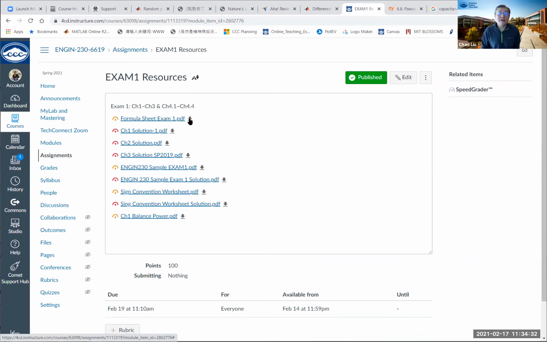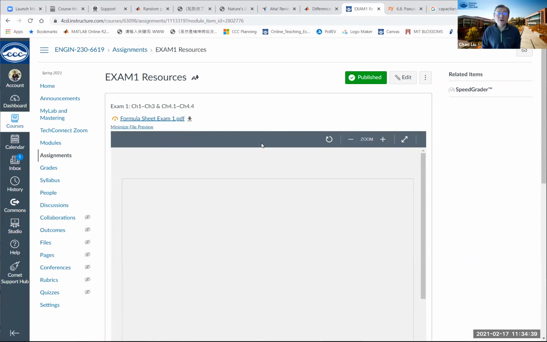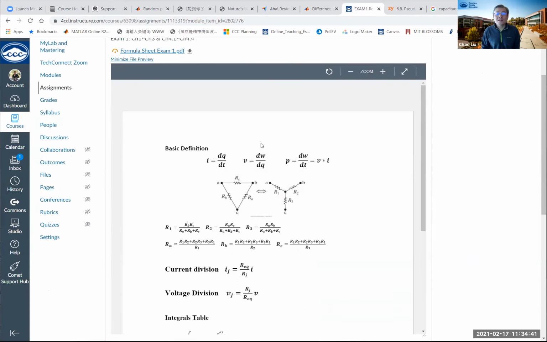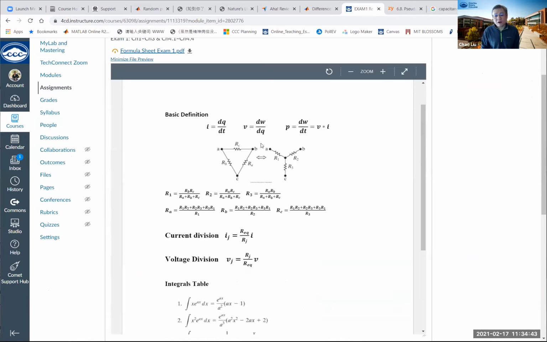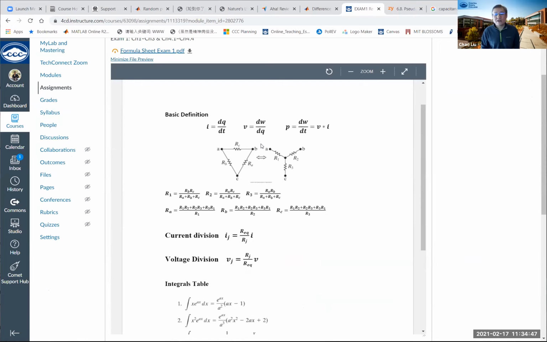And this one is something that you might want to pay attention to. This is the formula sheet I'm going to give you in the exam. So you're not supposed to bring anything. This page will be printed out. I will print it out for you. This is the only page that you're going to have in the exam. It includes the basic definitions of current, voltage, and power, and how to get energy, right?